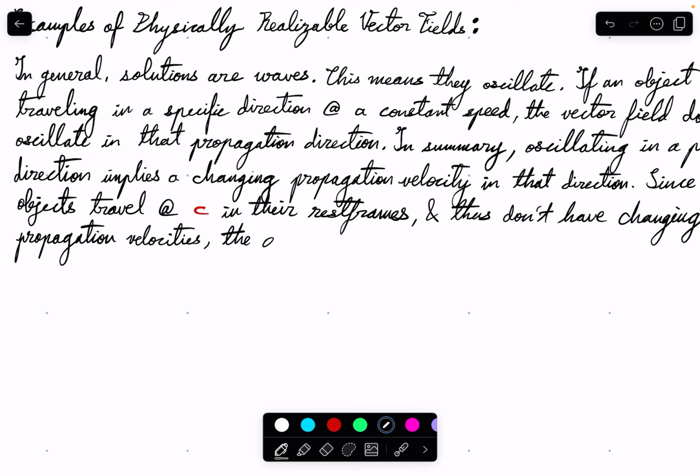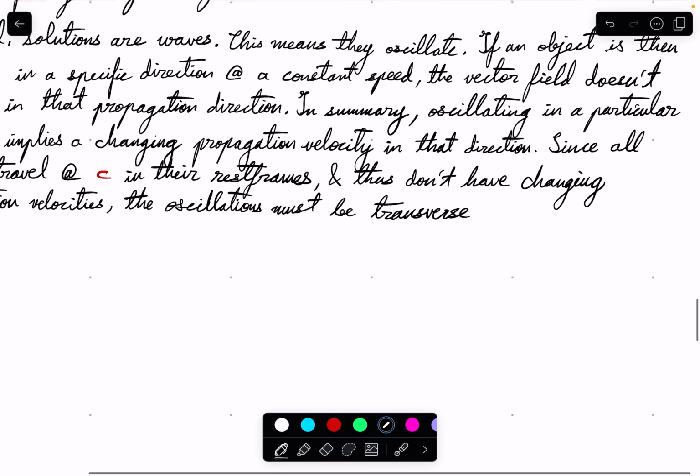The oscillations must be transverse to motion.